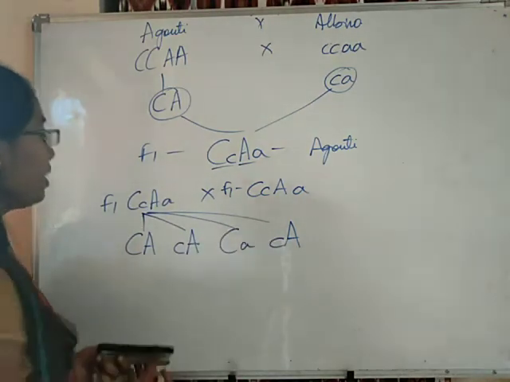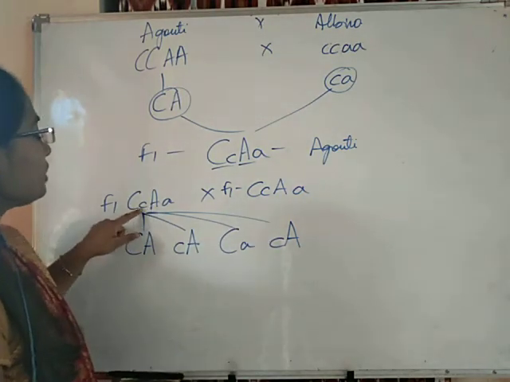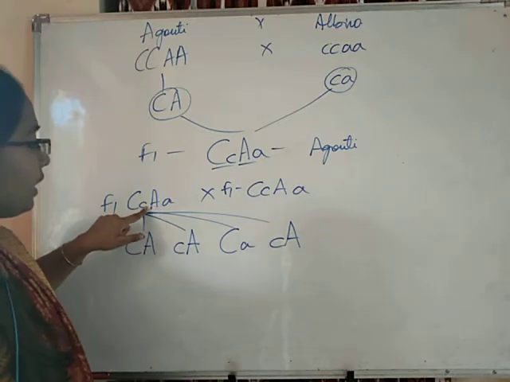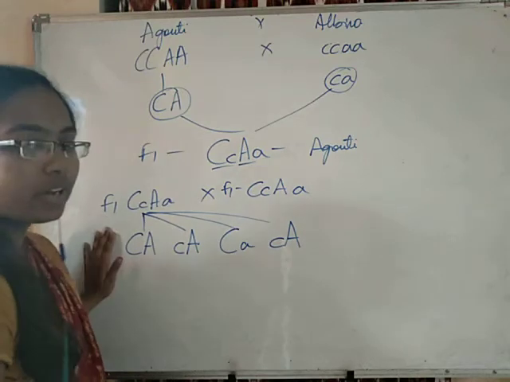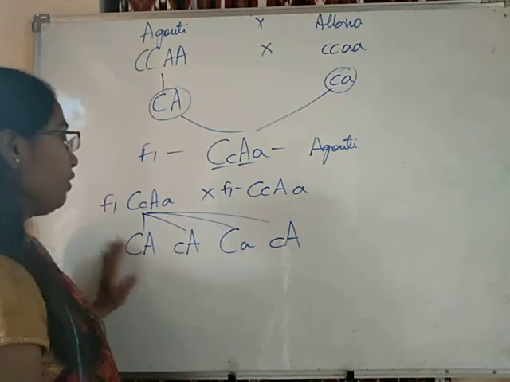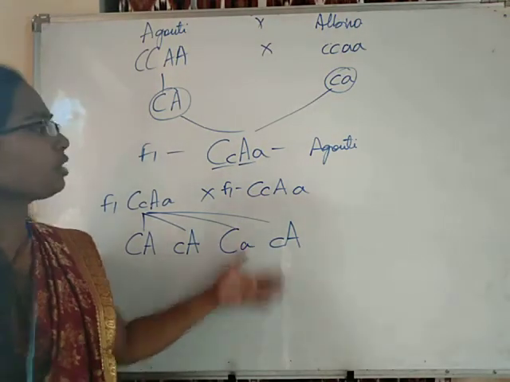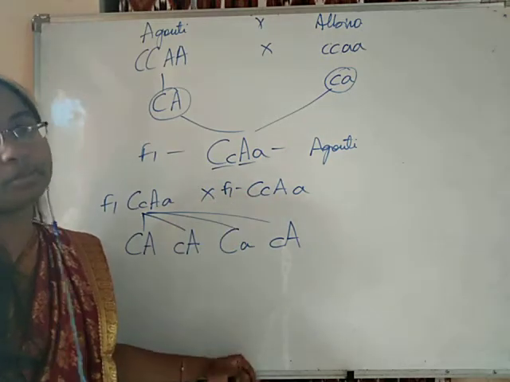In that way, four different types of gametes will be produced from both individuals. The same types of gametes will be produced.